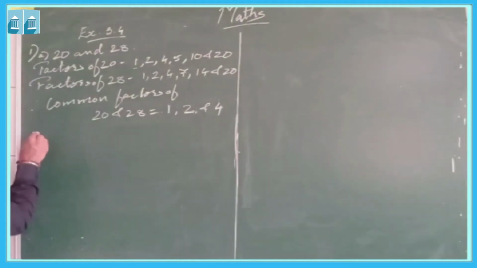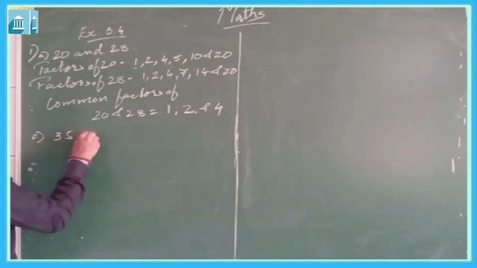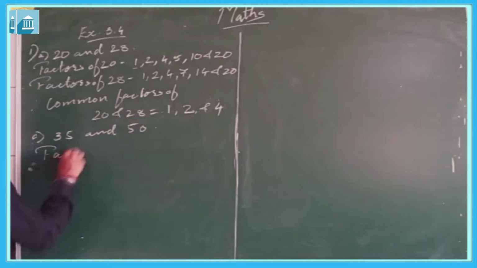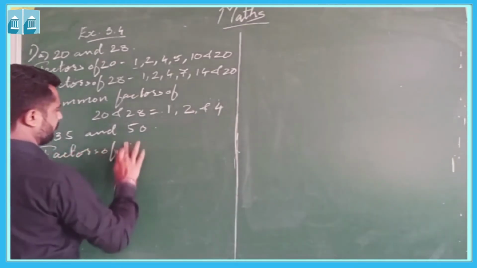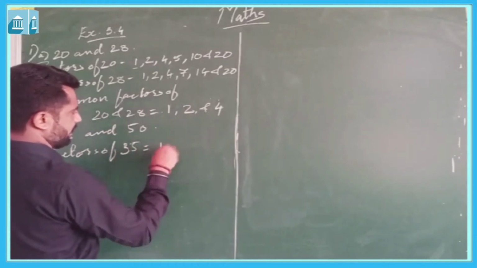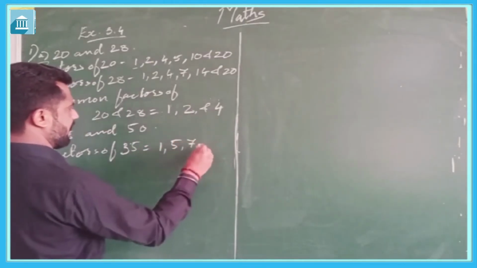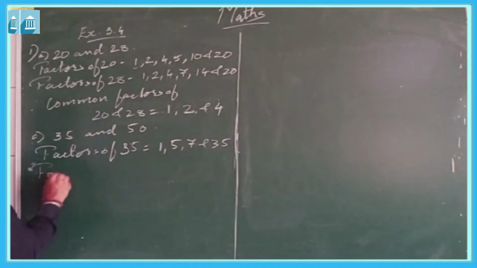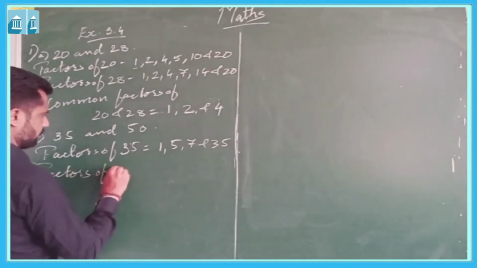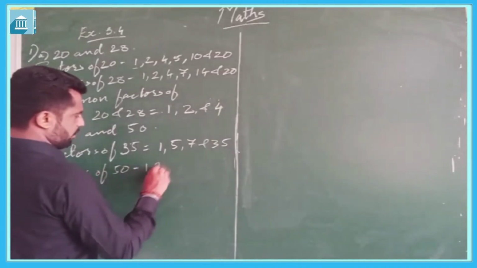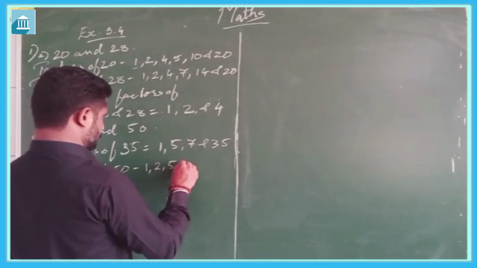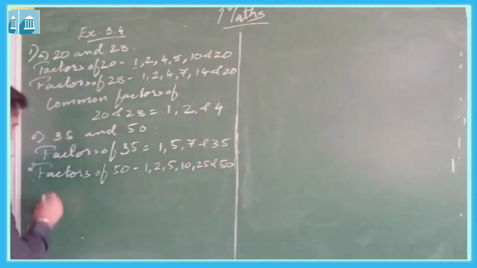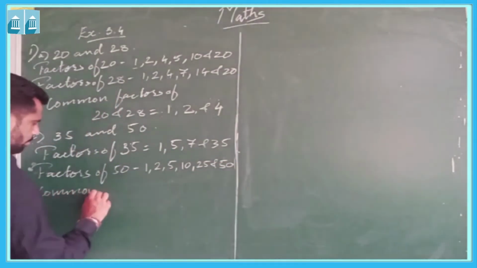Now question number C is 35 and 50. Similarly as we have done, factors of 35 are 1, 5, 7 and 35, and factors of 50 are 1, 2, 5, 10, 25 and 50.